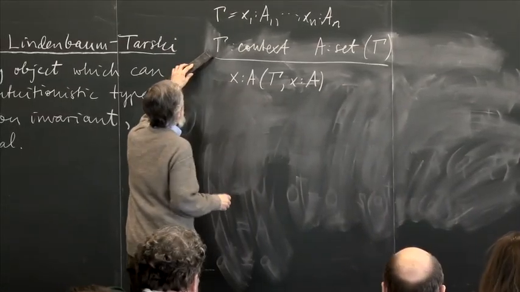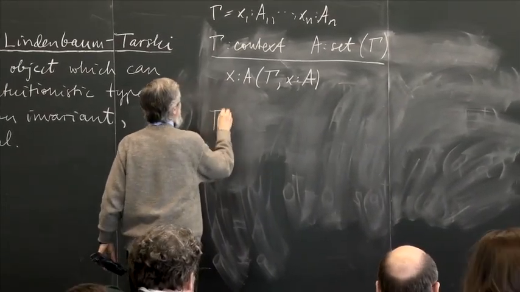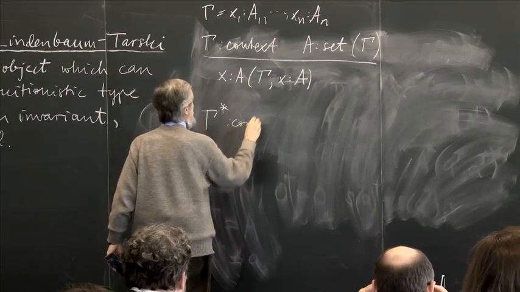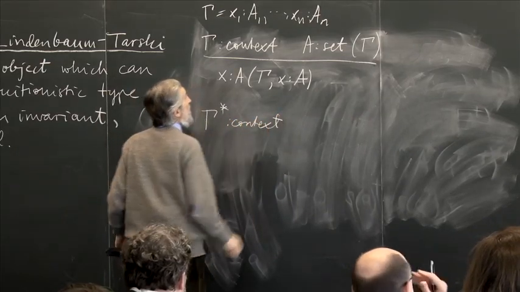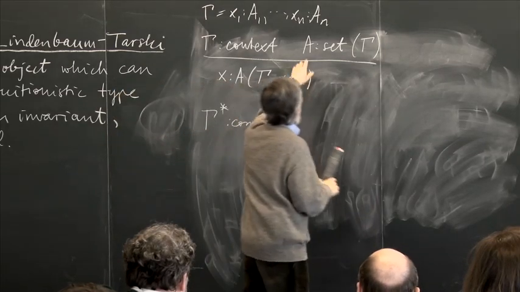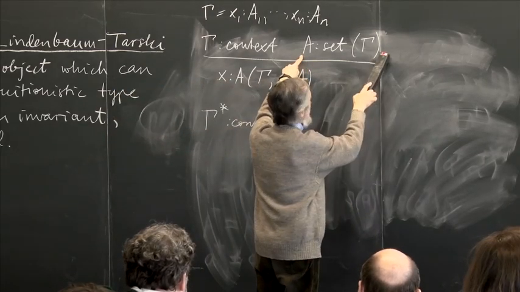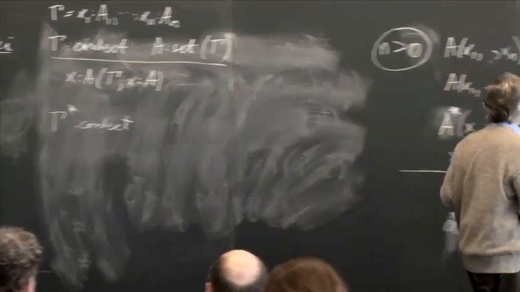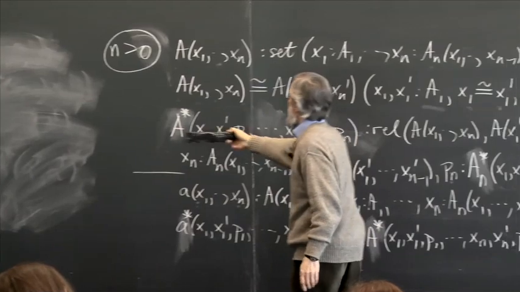So in the interpretation, we will have instead the context gamma star, and we will have the interpretation of this, which is written precisely here.